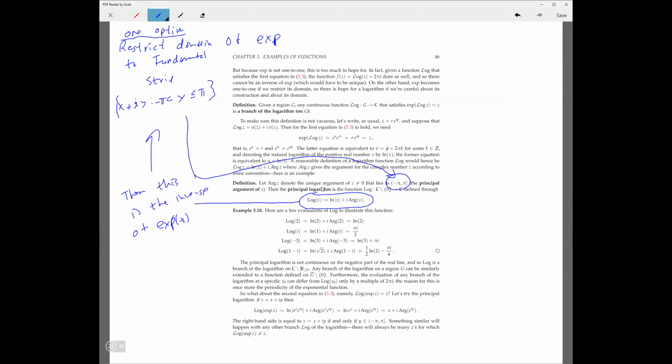So the principal logarithm, or the principal value of the logarithm.